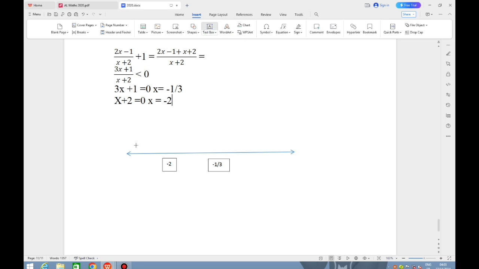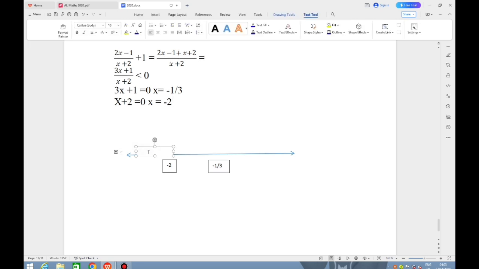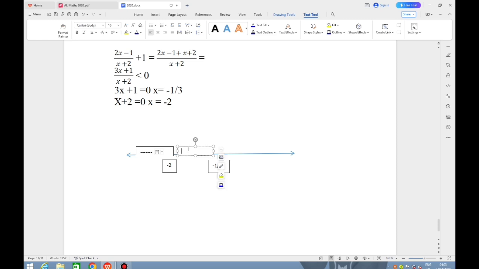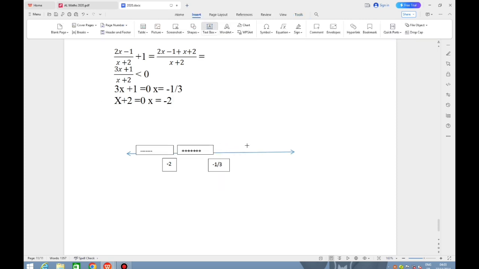From negative 1/3 going to the right, the signs are negative. Between negative 2 and negative 1/3, the signs alternate and are positive. From negative 2 going left, the signs are negative, negative, negative.